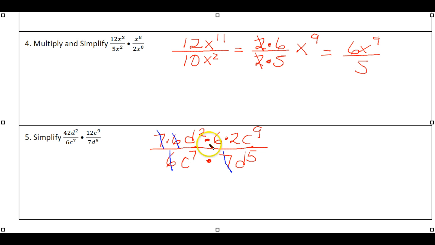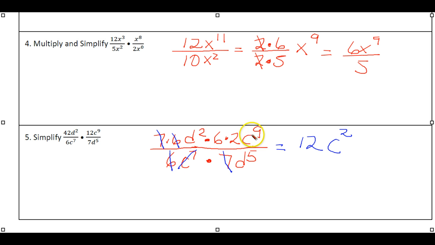Now we have left for a number here, 12. And now we have c to the 7th here. We'll cancel out, subtract 7 from 9 gives you c to the 2nd. So 7 subtract from 9 gives you 2.